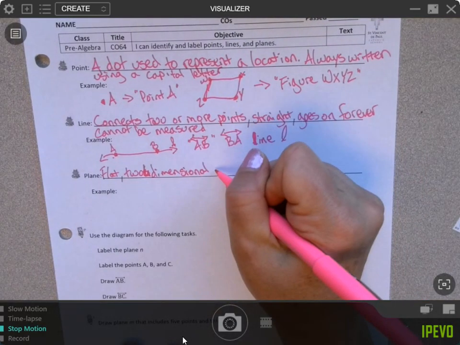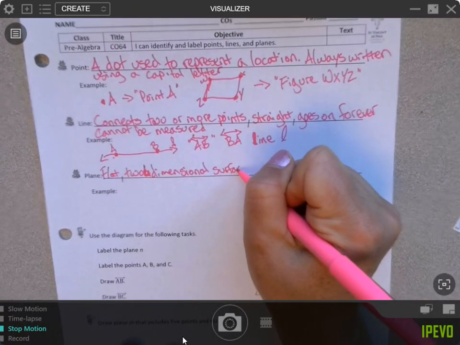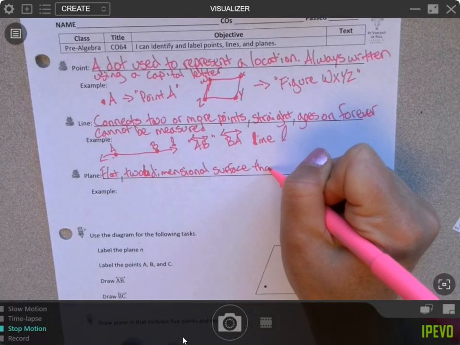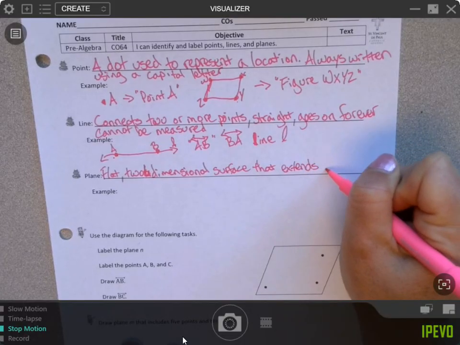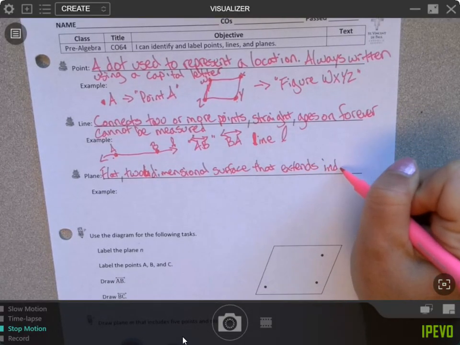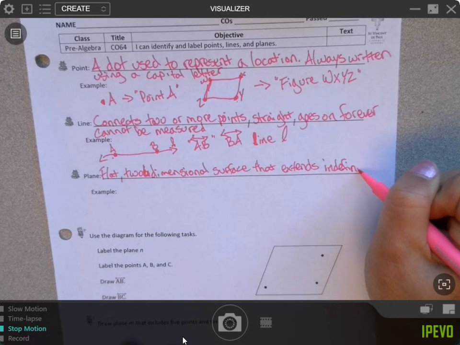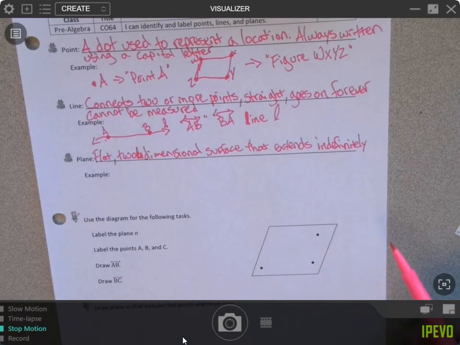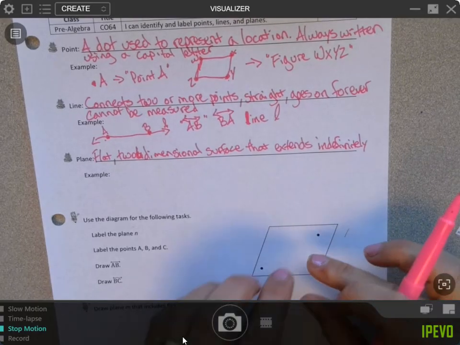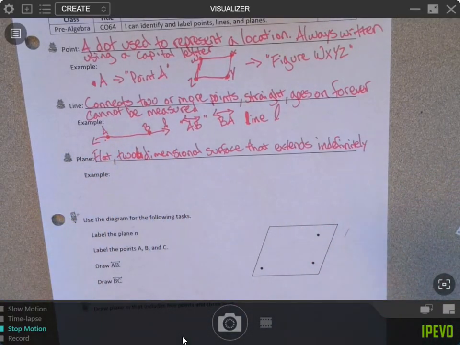So it's a two-dimensional surface that extends indefinitely. So we might just see it drawn out like this as a shape, but we know it would really go on and on and on forever. So a plane doesn't have ending points. It just keeps on going.